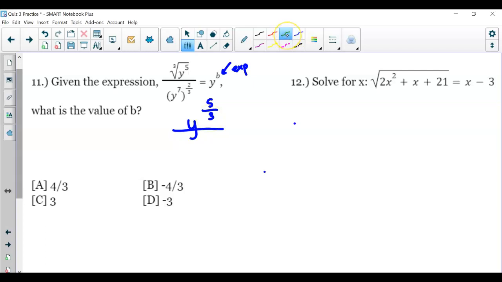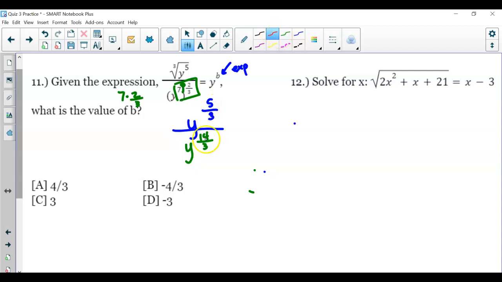Now notice here in the denominator, we have power to a power. Remember, power to a power, think of parentheses. We're now going to multiply. So we need to multiply 7 times 2 thirds. So now this is y to the 14 thirds.